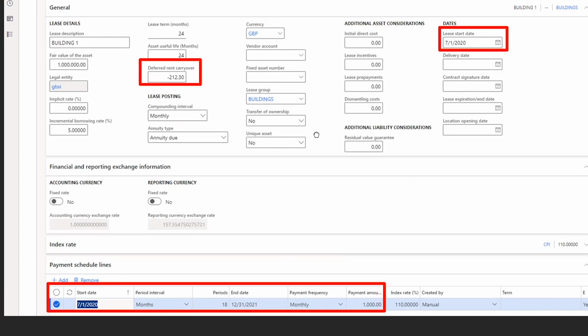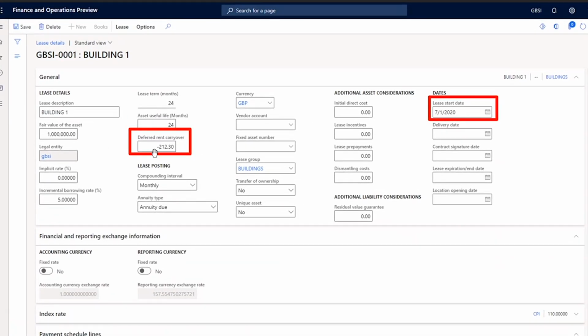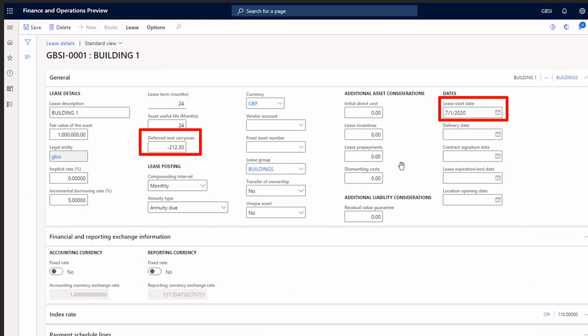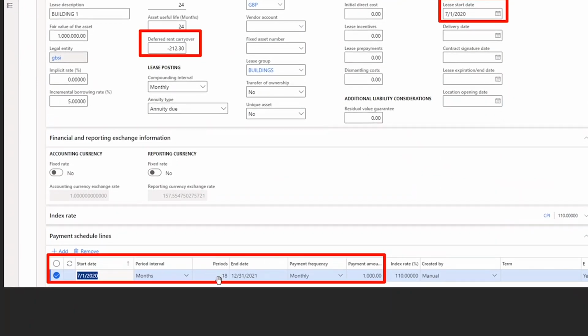Here, in the lease itself, we entered the deferred rent carryover as a negative amount, as we showed in the previous slide. The lease start date is July 1st, the payment start date is July 1st, and the number of periods is 18. This represents the remaining periods of the lease term.